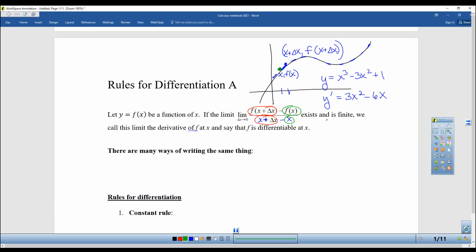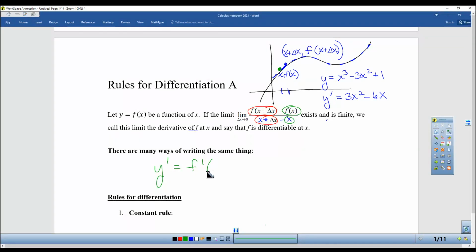This next unit will do all the rules for derivatives because we're not going to keep doing the limit. The limit is the foundational concept, but there's a lot of mechanics for derivatives, and that's what we're going to spend this unit doing. When we do that, we're going to use a lot of different notations. A lot of people like y prime. It's like using y instead of f of x. It's very easy.